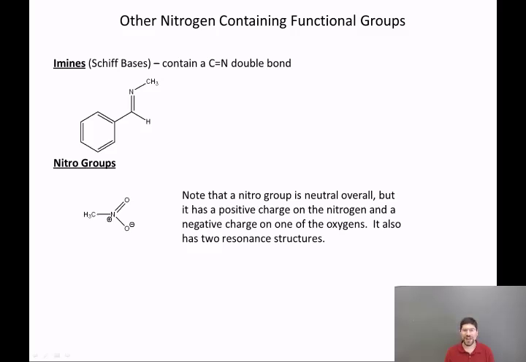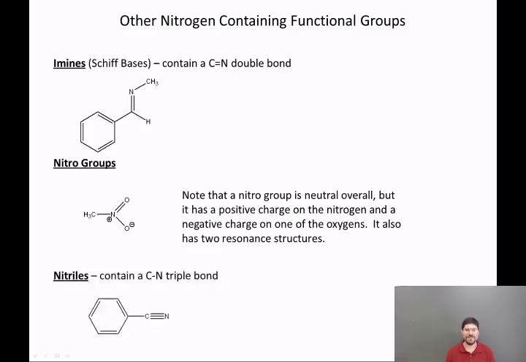But in order to follow the formal charge rules, it has a positive charge on the nitrogen and a negative charge on one of the oxygens. And it also has two resonance structures. So we have the double bond to one oxygen and the single bond to the other. I could have just as easily put the single bond to the top oxygen with the minus charge and the double bond on the lower oxygen.